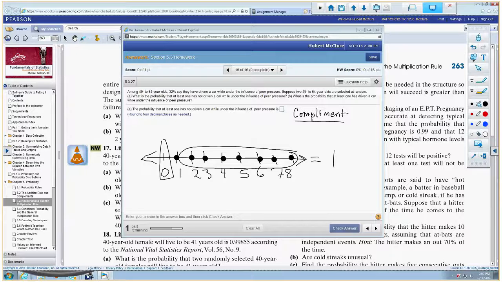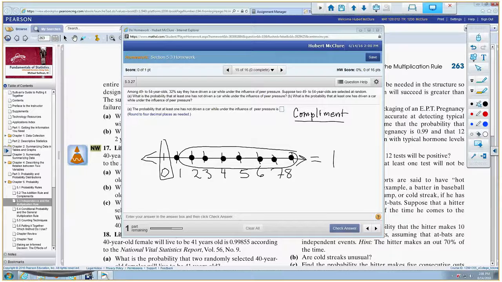Now, when do you start seeing complements? You start seeing it with these type problems right here. It says, what is the probability that at least 1 has not driven while under the influence? Let me reread that. What is the probability that at least 1 has not driven drunk due to peer pressure? First of all, you got to establish it says 32% say that they have driven a car.